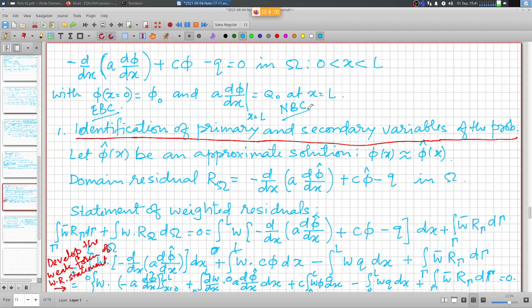And the approximation phi hat should be defined as interpolation between nodal values of phi.